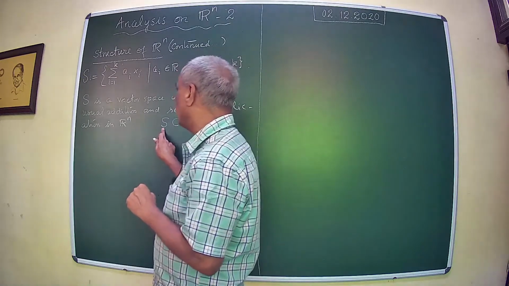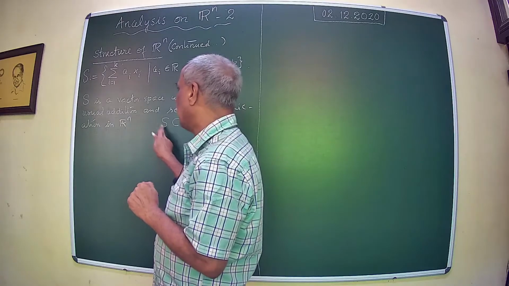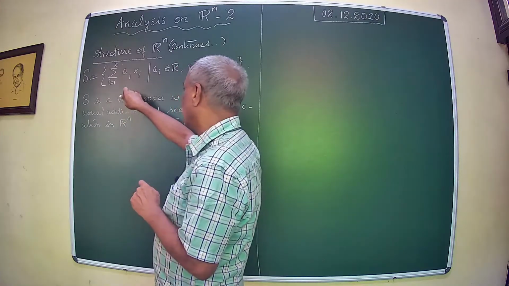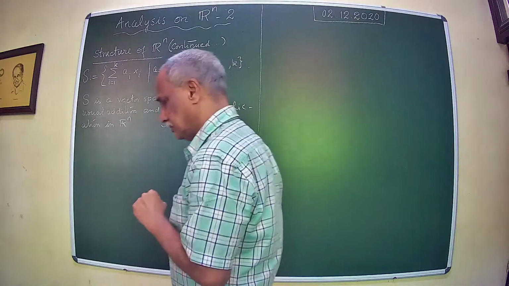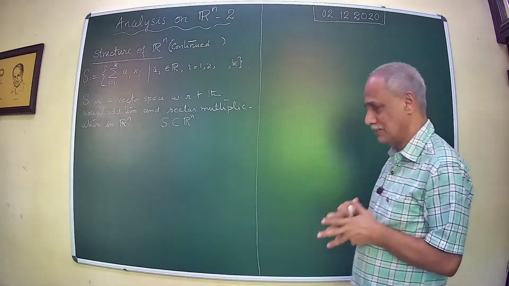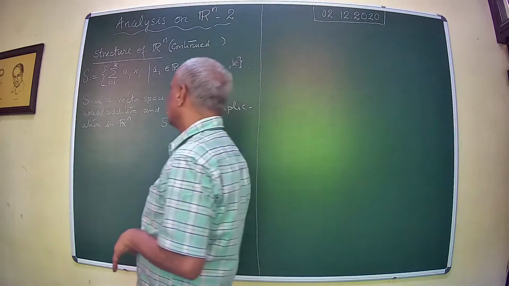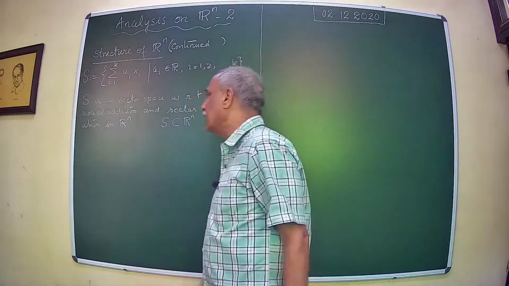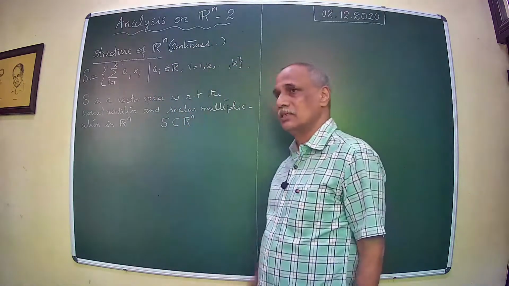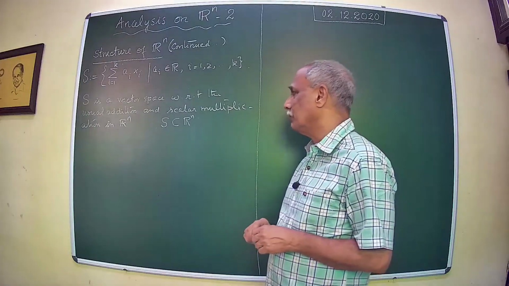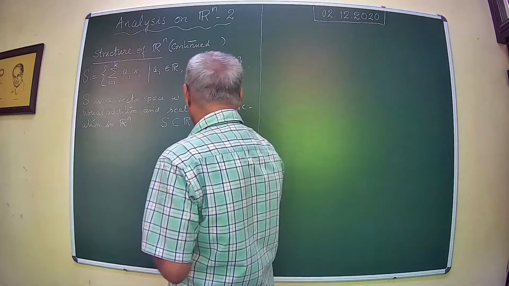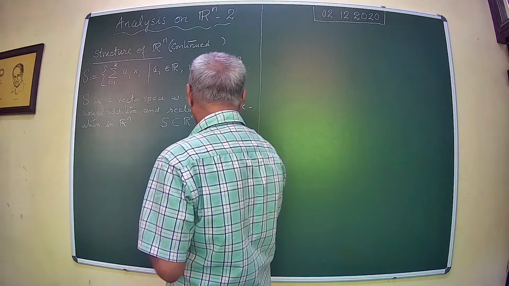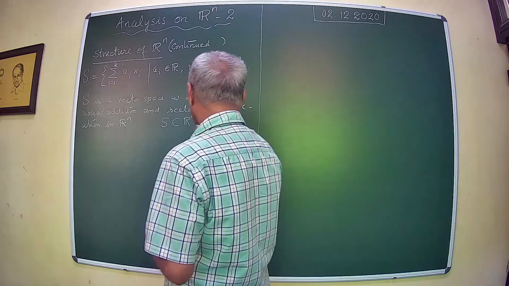You take two elements x and y, x of the form sigma ai xi and y of the form sigma bi xi. You add, you will get sigma (ai plus bi) xi. That's again of the same form, so it is in S. So for x, y belonging to S, x plus y belongs to S. This is one part.